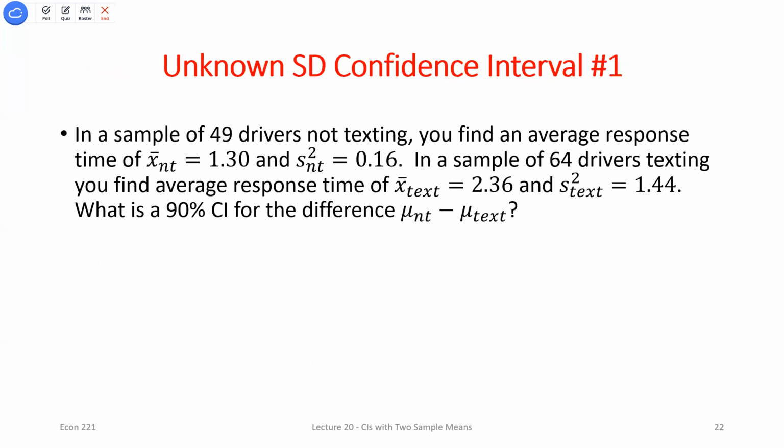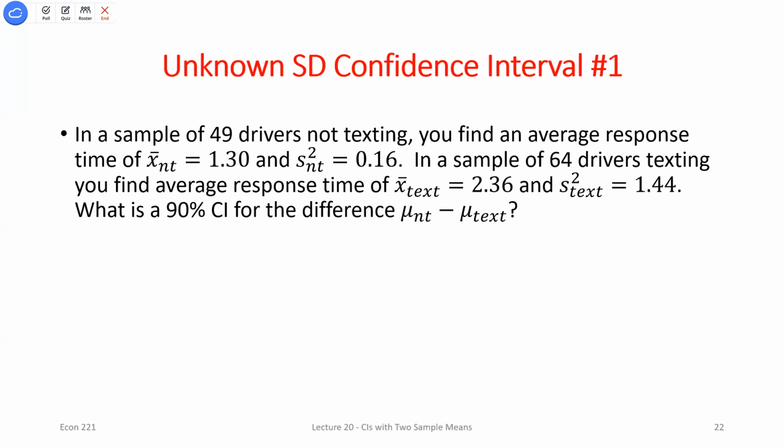So let's say I have texters and non-texters. So X is texters and T is non-texters, right? I've got their response times, and I also calculated the variance in those response times for 49 and 64 drivers.